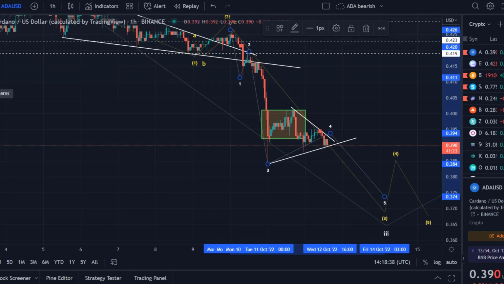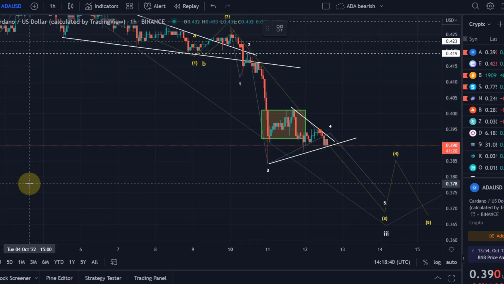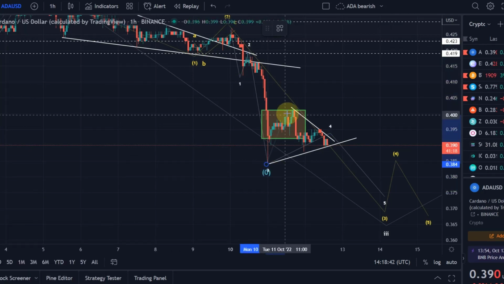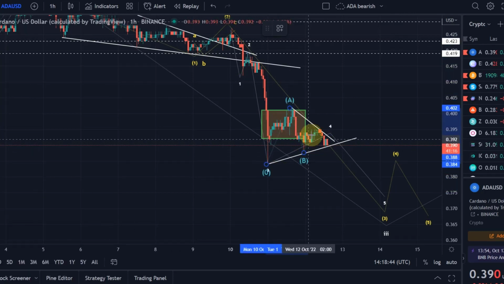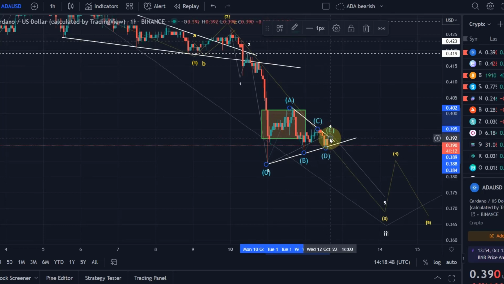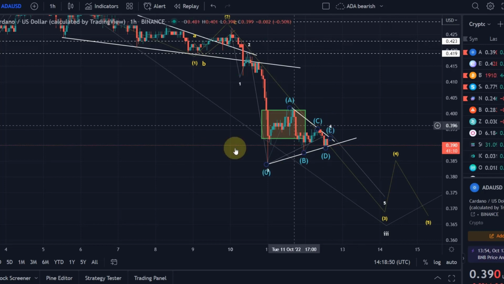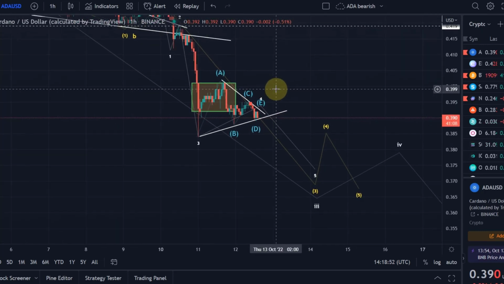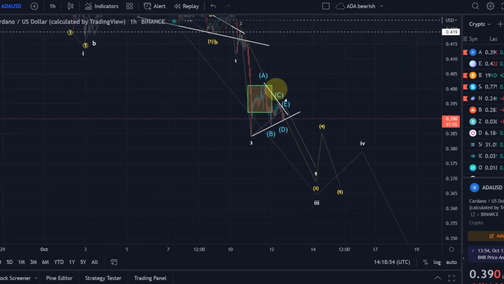Now, how do we draw that triangle? Well, the Elliott wave count would mean that this was a wave A, here a B, here a C, here a D, and there isn't much more space for the E. That could even be in already. Again, we're getting here really into the realm of micro counting.